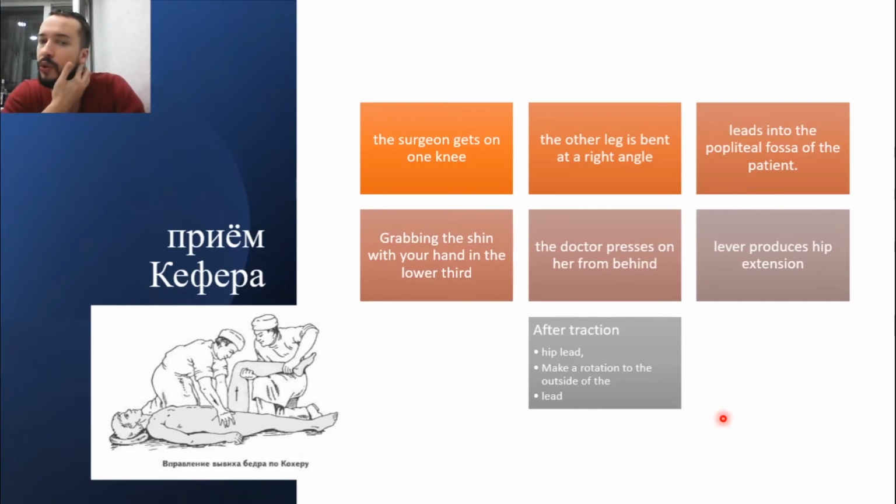Grabbing the shin with his hand in the lower third, the doctor presses on it posteriorly and as a lever pulls the hip. After traction, the hip is bent and then they rotate the leg outward.